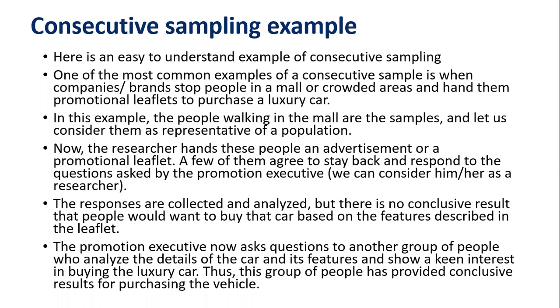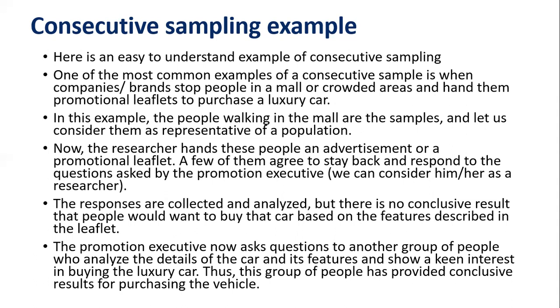So what can be done? The promotion executive now asks questions to another group of people. He will again distribute the leaflet to another group, and then ask them the questions. These are people who analyze the details of the car and its features and show keen interest in buying the luxury car. So here we have two types of population. The first one is not responding at all, and that is also a group.